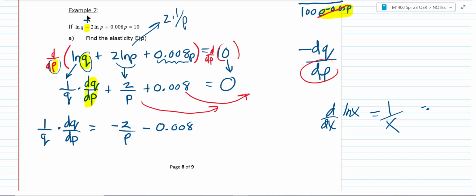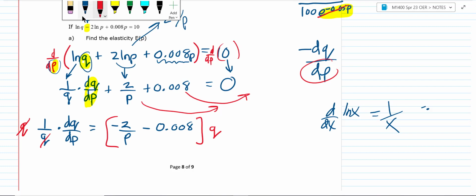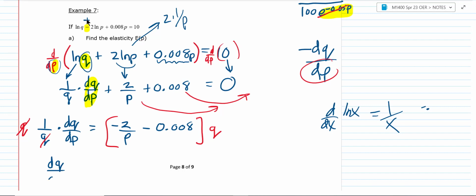0.008, like that. Then I have one more step to take. I don't want this q to be here. So I'm going to multiply both sides by q to get dq over dp by itself. What I end up getting is dq over dp, and you could distribute the q through there.